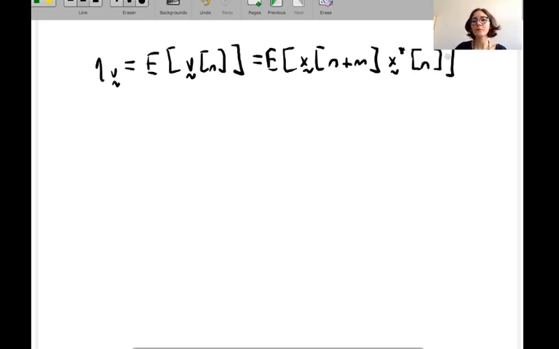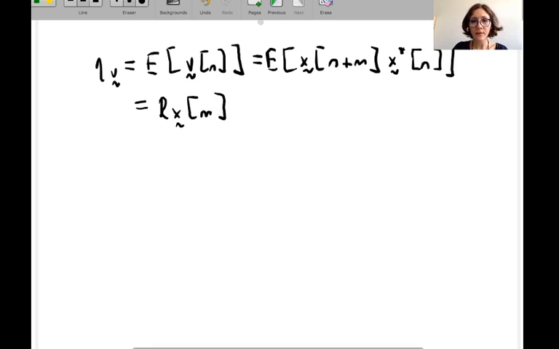This just simply comes from the definition of V of n. But then what is this expression? Does this ring a bell? Looking at this expectation, this is nothing but the autocorrelation function of our original random process, right? So this is equal to Rx of m.